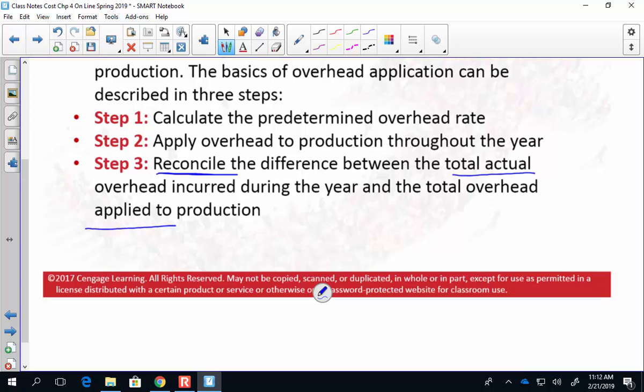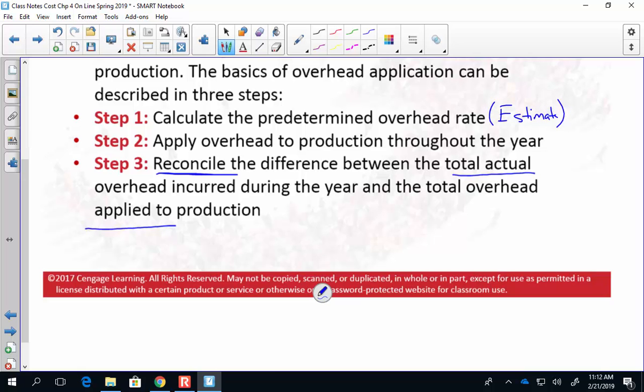Remember what we're doing to our income statement. As we add jobs in our WIP, this overhead rate, remember, is an estimate. It's not real, right? It's an estimated number throughout the year.